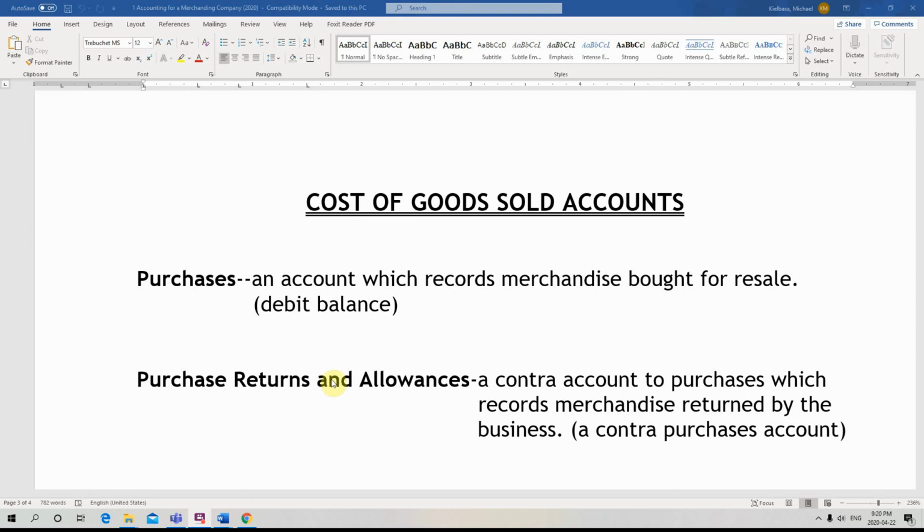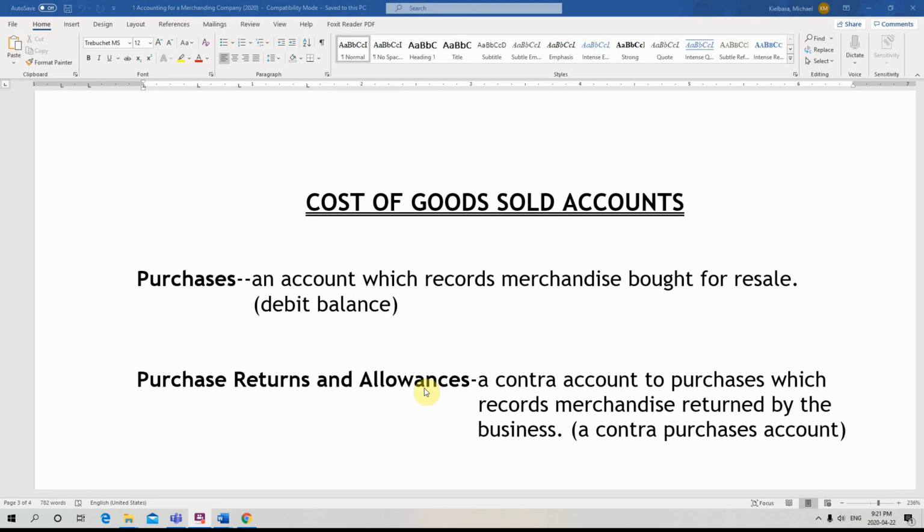Now, we also have contra accounts related to purchases. One is purchase returns and allowances. This is recording stuff that we've returned to our manufacturer for whatever reason. So, since purchases has a debit balance, the contra accounts to purchases would have a credit balance. So you'll credit purchase returns and allowances when we return things.